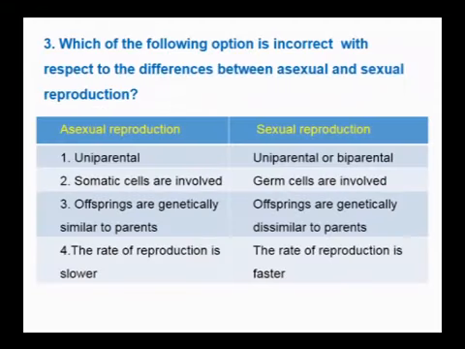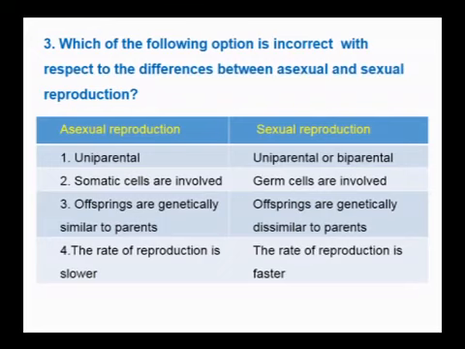Third question. In chapter 1.1 we study asexual reproduction. To answer this question, you need to know the differences between asexual and sexual reproduction. Out of these 4 options, one option is wrong. So which of the following options is incorrect with respect to the differences between asexual and sexual reproduction?